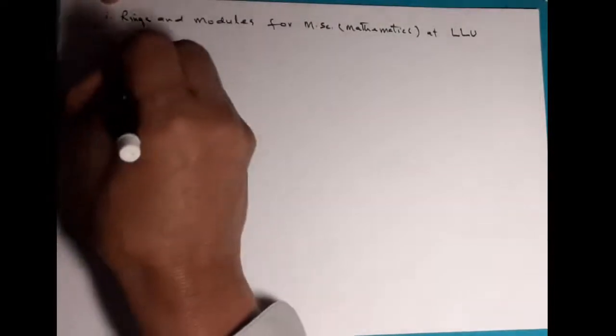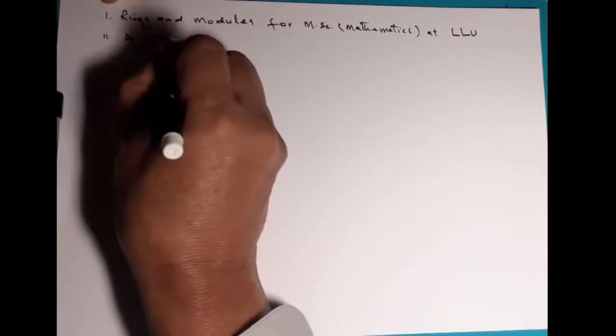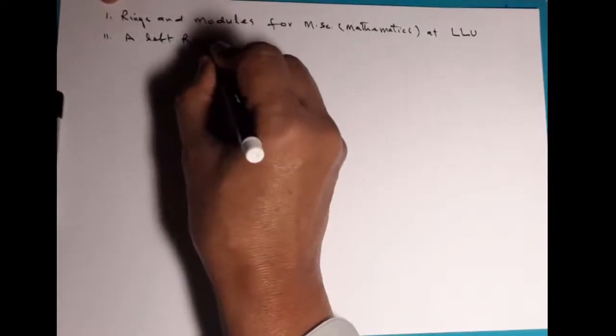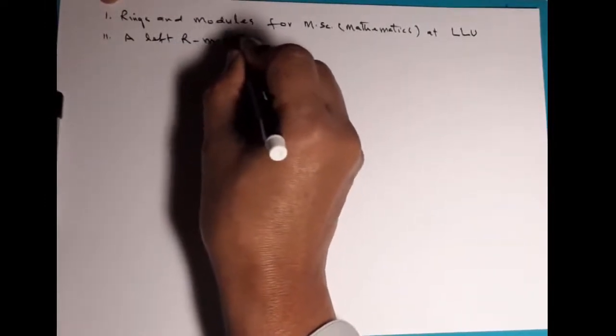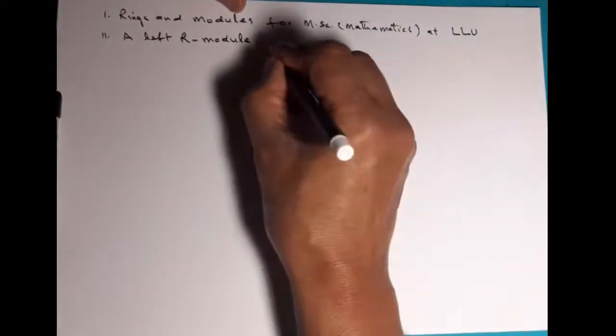Let's recall our previous concepts we have already discussed. We defined a left R module, where R is a ring with identity.